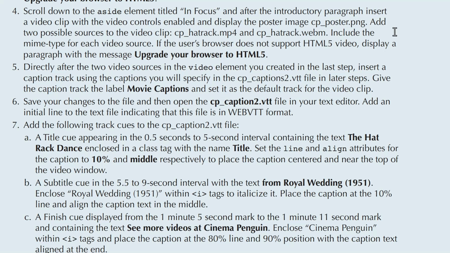We'll add two possible sources to the video, and the clips are cp_hatrack.mp4 and cp_hatrack.webm. We'll also include the MIME type for each of those clips, and then again we'll add that text at the bottom of the video element in case the viewer doesn't have an appropriate browser to be able to view the video. And so just upgrade your browser to HTML5.